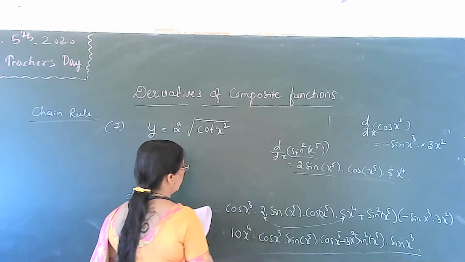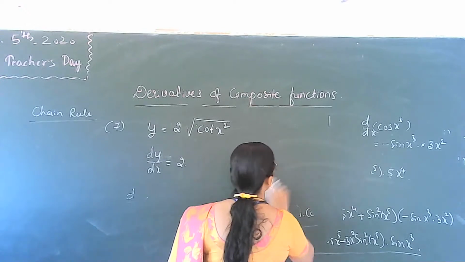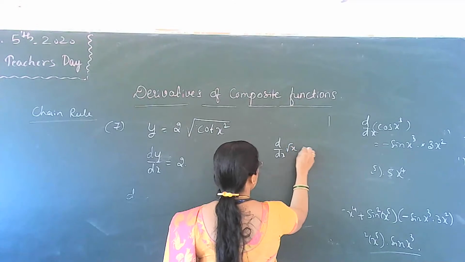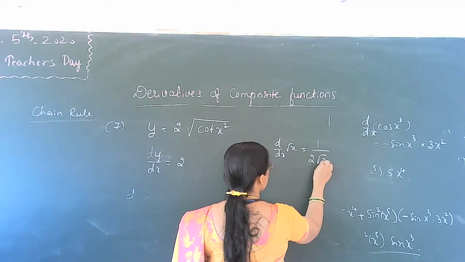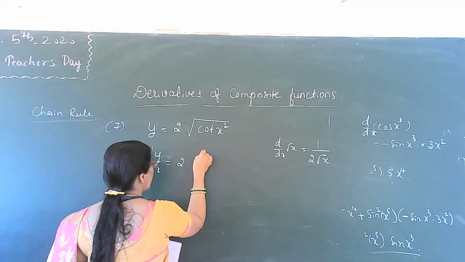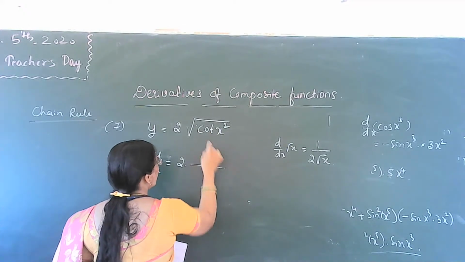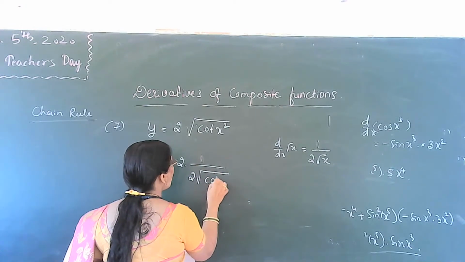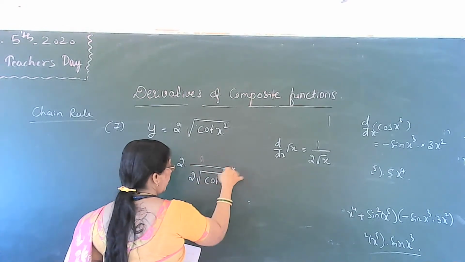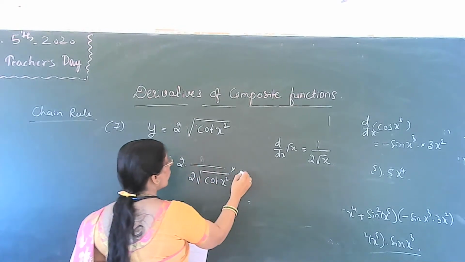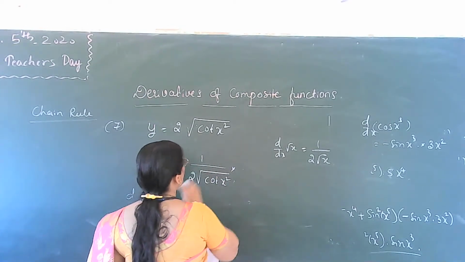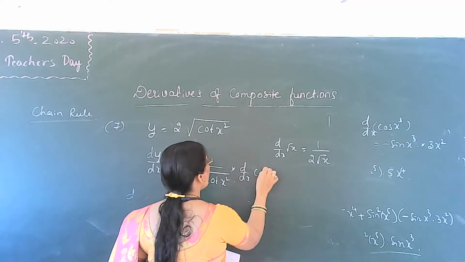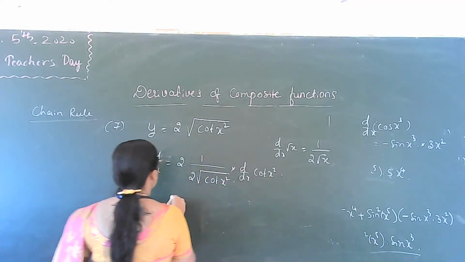Then what? 1 by root x, derivative of root x is d by dx of root x is equal to 1 by 2 root x. Therefore, here also derivative of x is equal to 1 by 2 root cot of x square, and derivative of root cot x square.